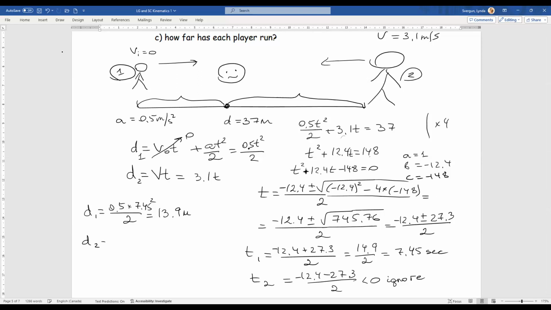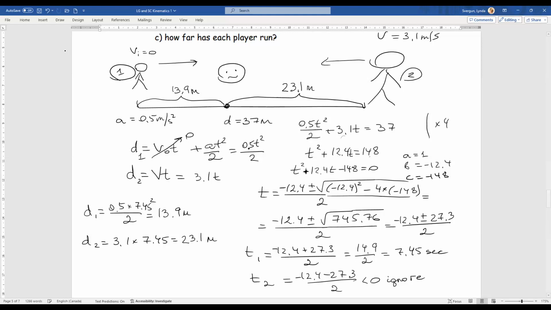And D2, speed 3.1 multiplied by 745, 23.1. So this guy will run 23.1 meters, this guy 13.9.